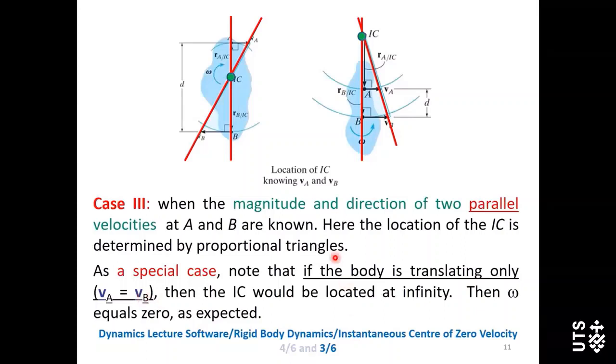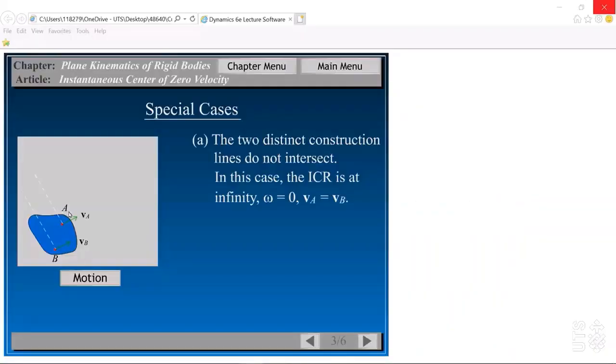In this special case, where will the IC be? Look at this. It's a rigid body. We assume it's undergoing general plane motion, and at point A and point B at this instant, their velocities are exactly the same magnitude, same direction.